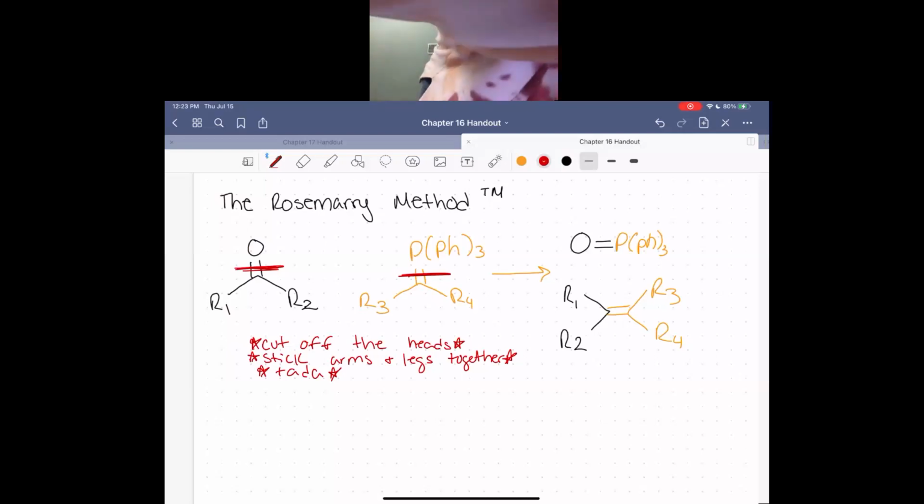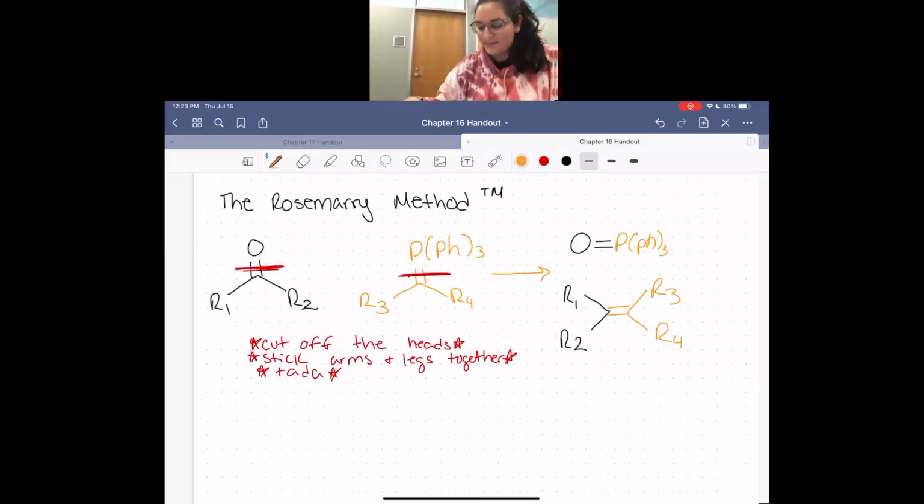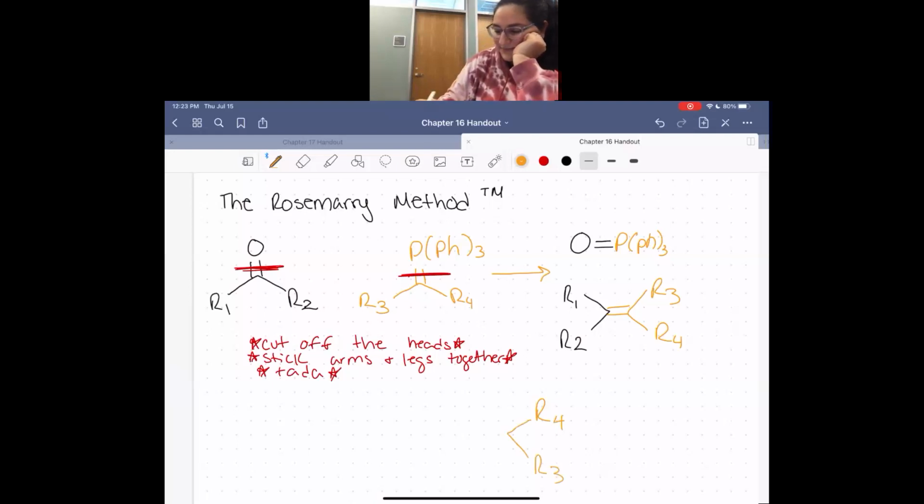So that translates to: we can have something like R4, R3 attached to R1, R2. That checks out.